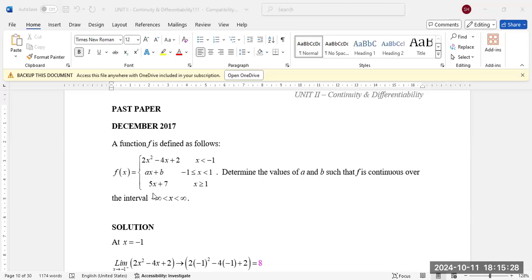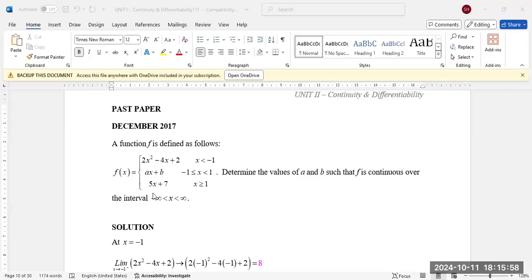So f of x is equal to 2x squared minus 4x plus 2 when x is less than -1. And f of x is equal to ax plus b when x is greater than or equal to -1 but less than +1. And f of x is equal to 5x plus 7 when x is greater than or equal to +1.